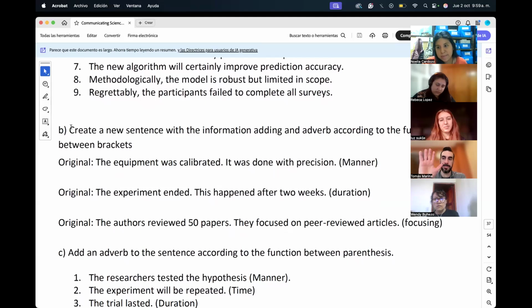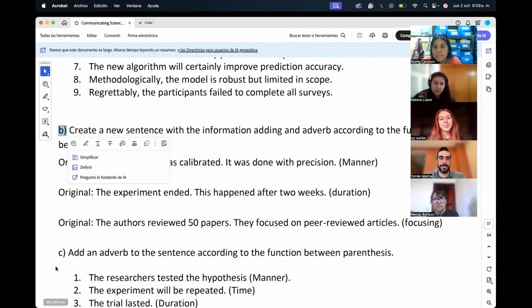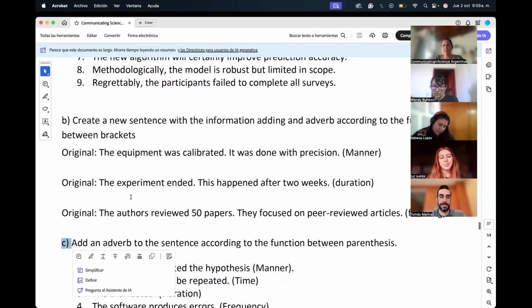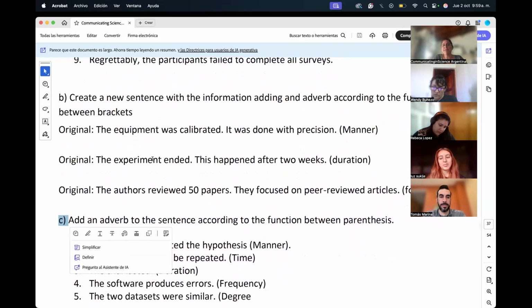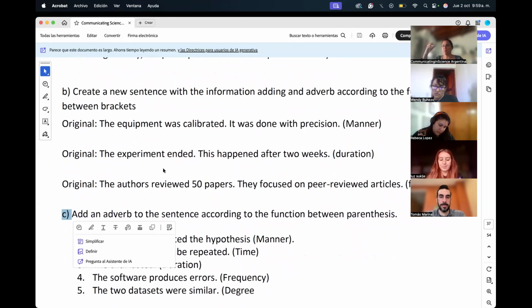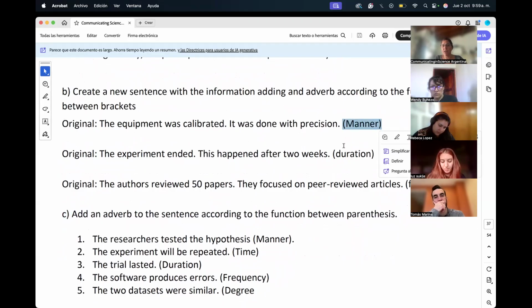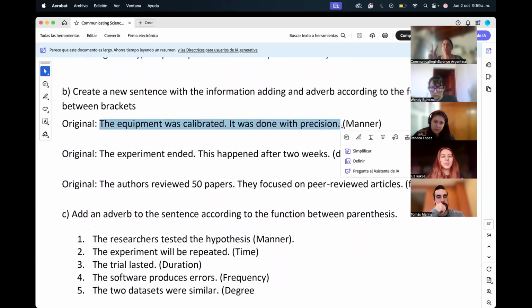See you. So I will leave you exercise B and exercise C. I want you to think about them and this is not a test, so it's open book. You can use all the resources and the PDF presentation and choose an adverb, in this case an adverb of manner, in this case an adverb of duration, to be able to make these two sentences into one.